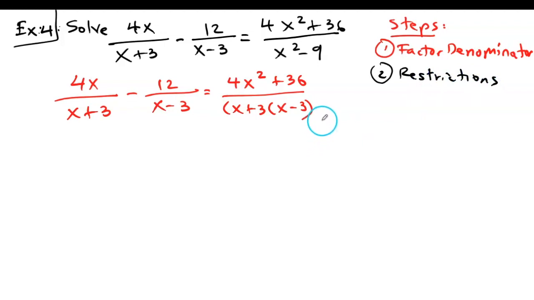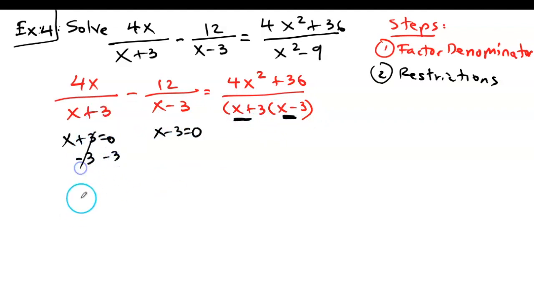Restrictions to the denominator, which means x plus 3 equals 0 and x minus 3 equals 0. But if you notice, the x plus 3 is here already, so if I do this, I don't have to do the x plus 3 over here, and x minus 3 is here already, so if I solve this one, I don't have to do it again.